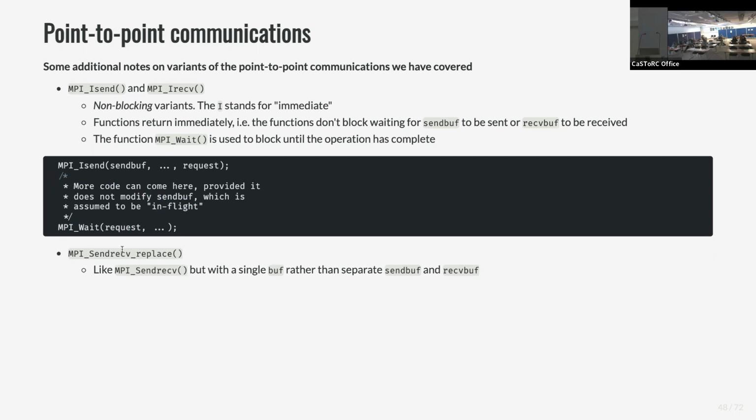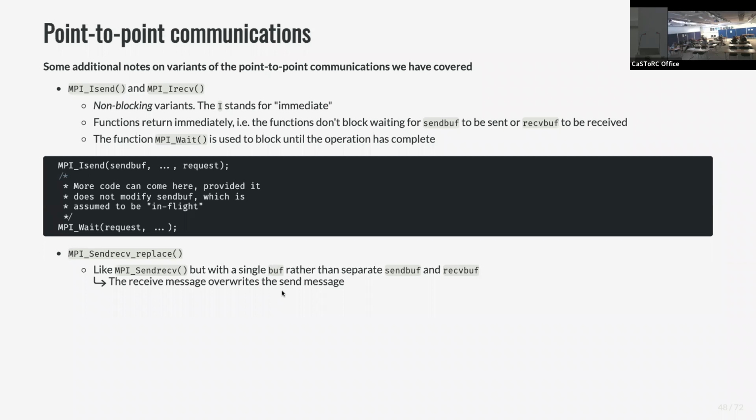Another variant is this send receive replace, which is like send receive that we saw in the previous slide, but where the send message and the receive message can be the same array. So the receive message overrides the send message in this MPI send receive.